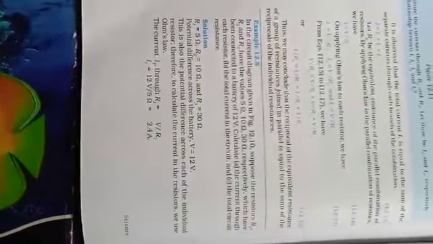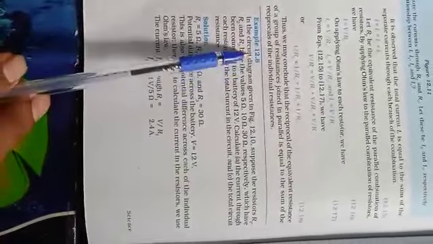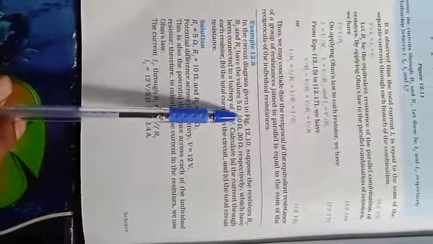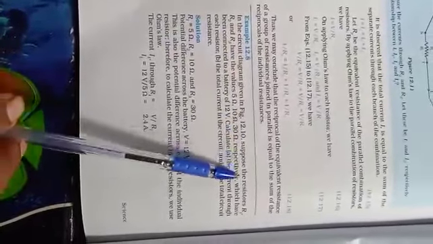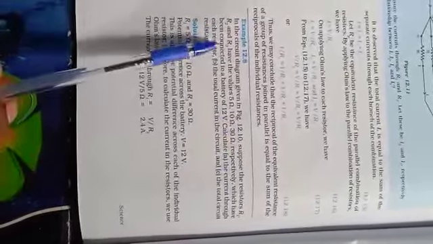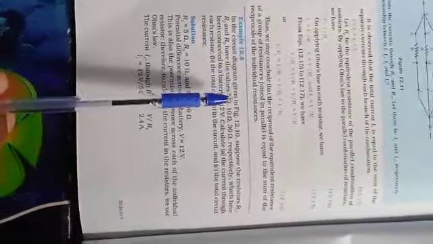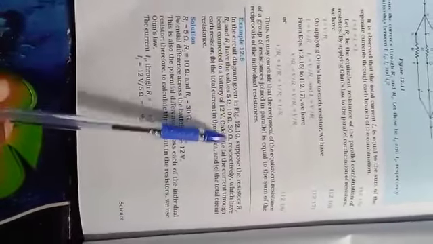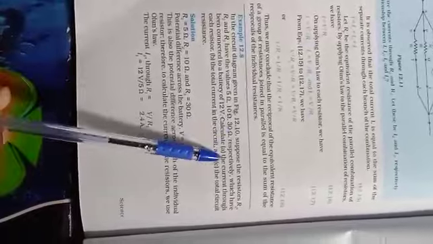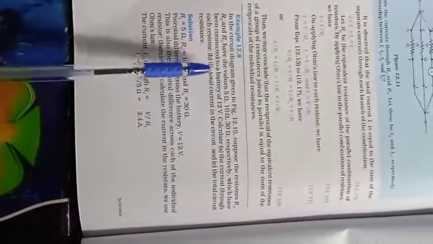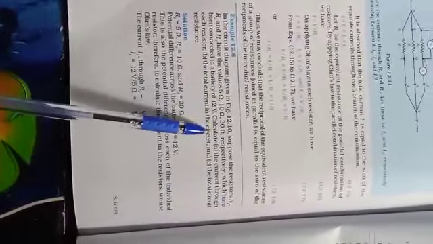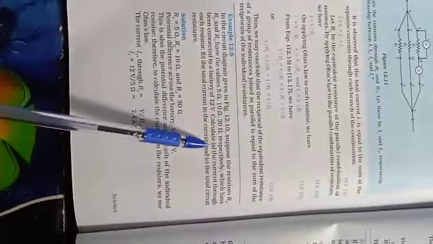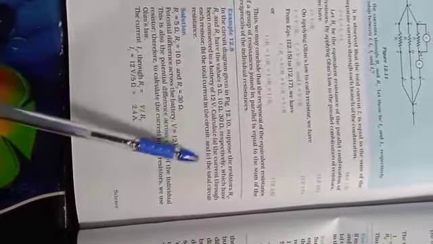So next is example 12.8. In the circuit diagram given in figure 12.10, suppose the resistors R1, R2, R3 have the values 5 ohm, 10 ohm and 30 ohm respectively, which have been connected to a 12 volt battery. Calculate A, the current through each resistor, B, the total current in the circuit, and C, the total circuit resistance.